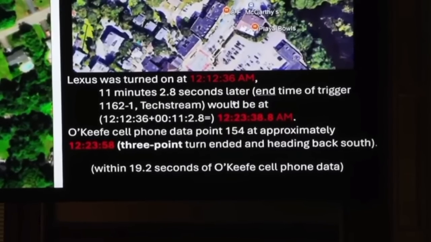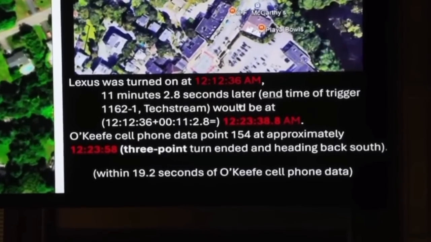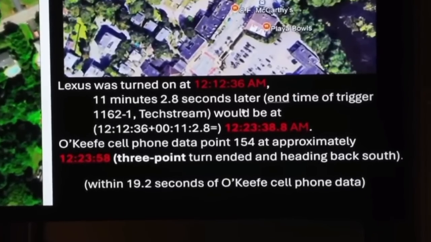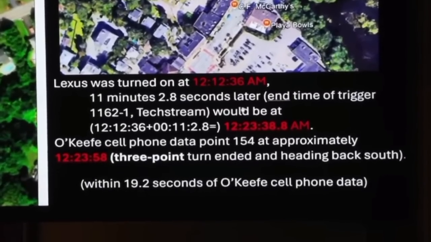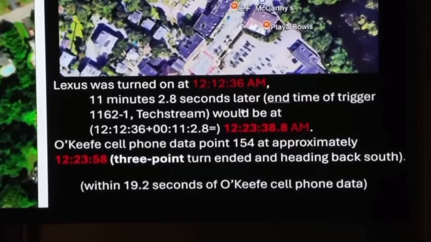Could you tell us again, remind us, what is 1223.38 referring to? So 1223.38 is syncing the text stream time to real world time. So we know how long the text stream is on, we know when the vehicle was turned on, so we're adding those two together.